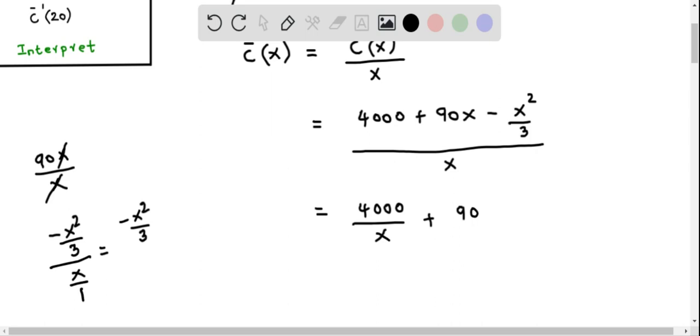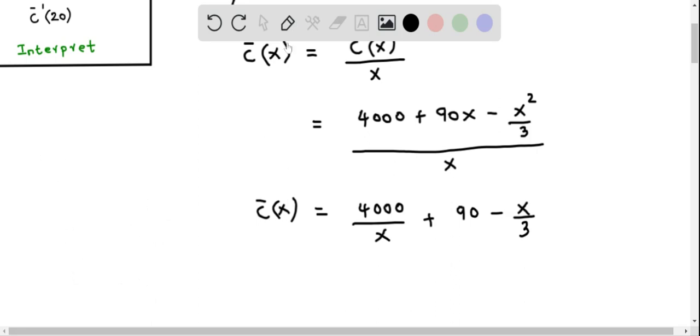I can write x as x by 1, so we multiply by the reciprocal, which is 1 over x. Applying the exponent rule, we subtract the powers: 2 minus 1 is 1. So this gives negative x over 3. This is the average cost function C bar of x.